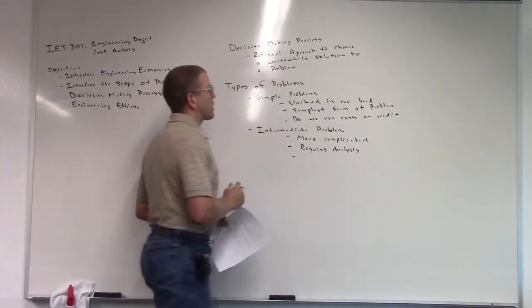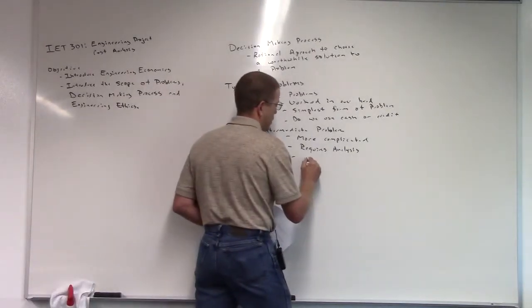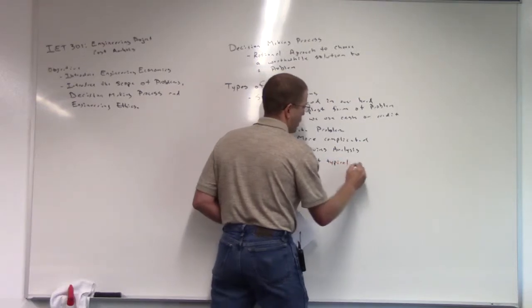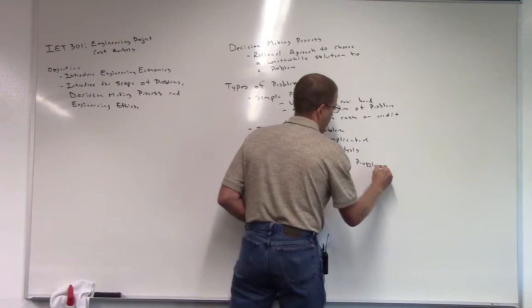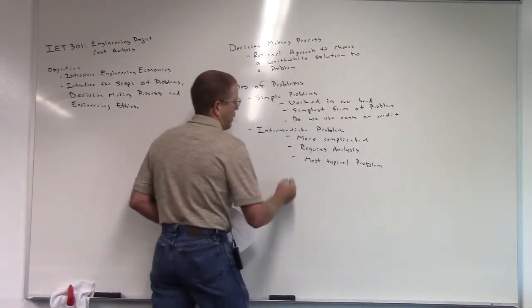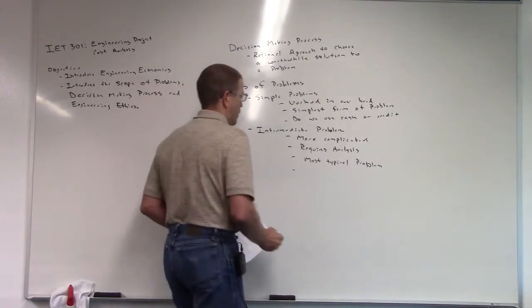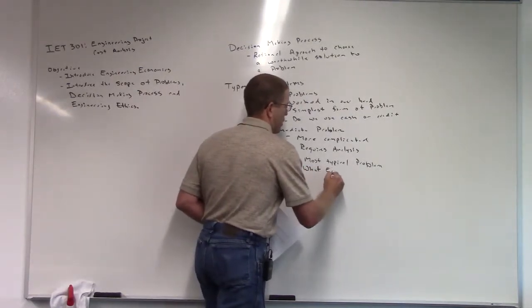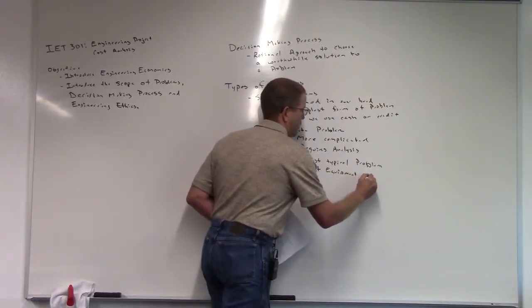This is the most typical problem that you'll encounter in engineering economics. Okay, and an example of this would be what equipment should be purchased for a production line.